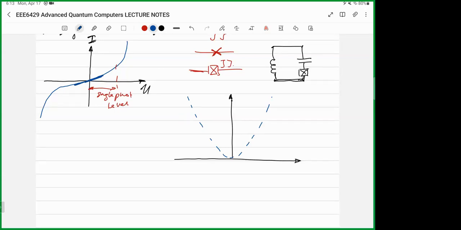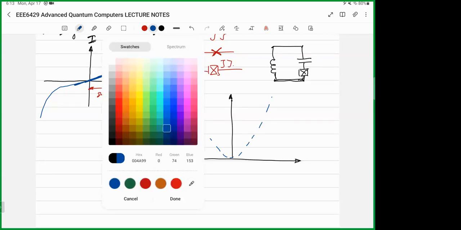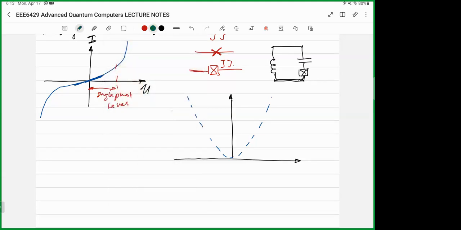But when we put in this Josephson Junction, the energy spectrum of the system behaves like this.